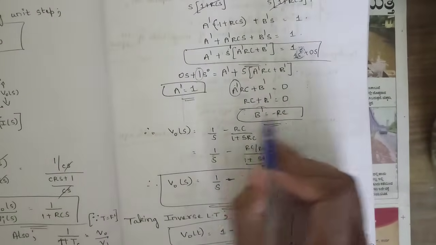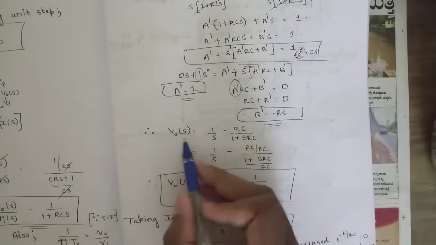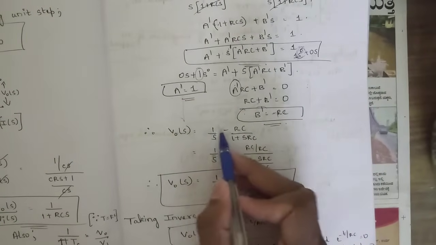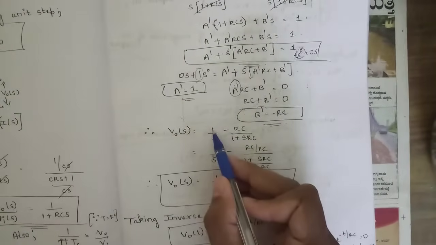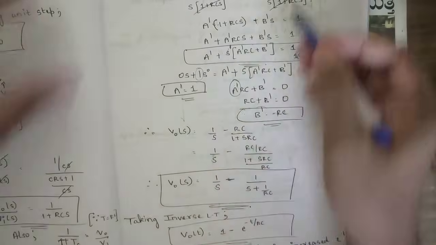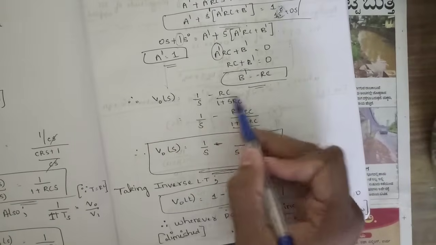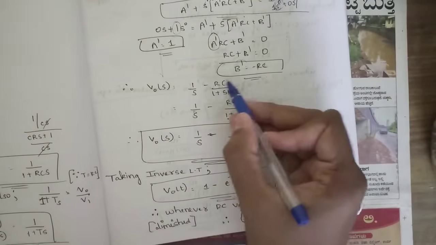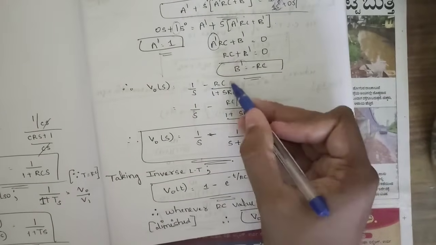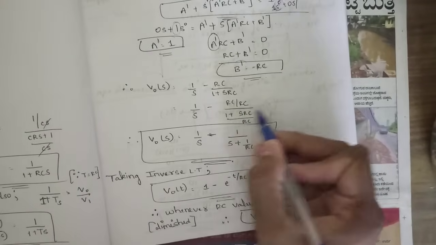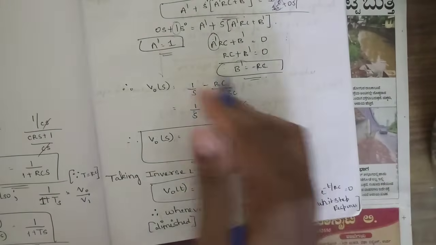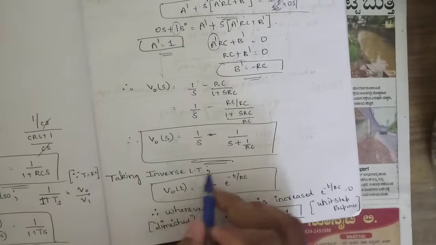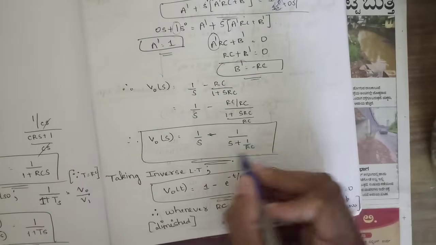Now substitute the values of A dash and B dash again in the equation for V out of S. The value of A dash is 1, so 1 by S plus B dash, where the value of B dash is minus RC, so minus RC divided by 1 plus RCS. Now divide both numerator and denominator by RC, because we need to take the inverse Laplace transform and bring it to that form.